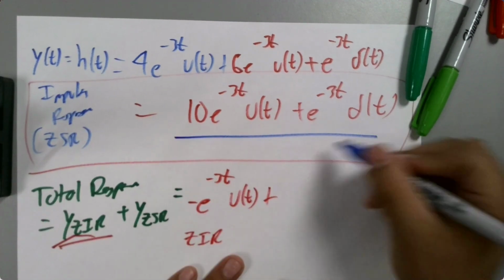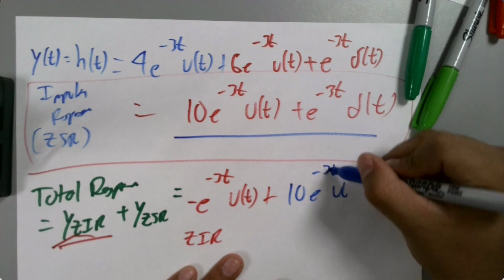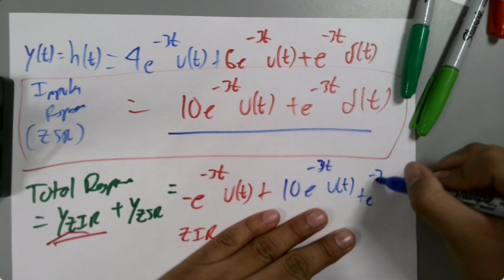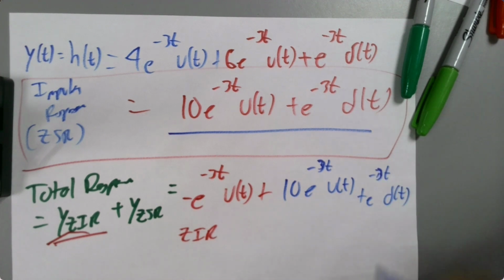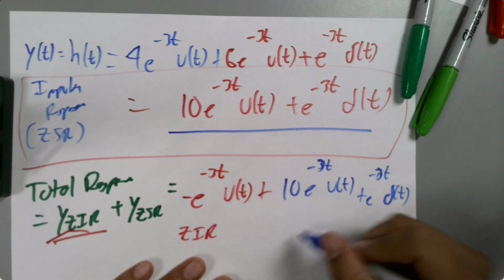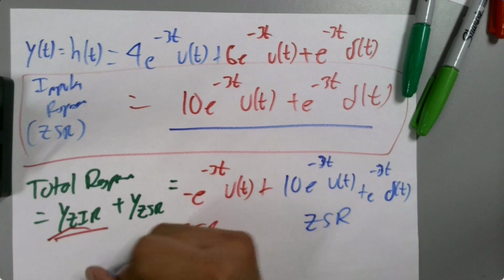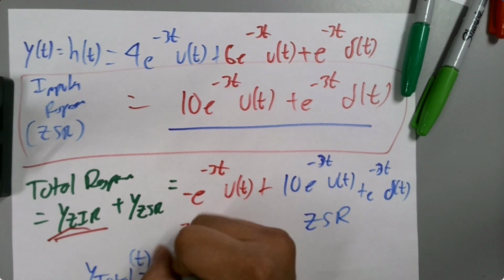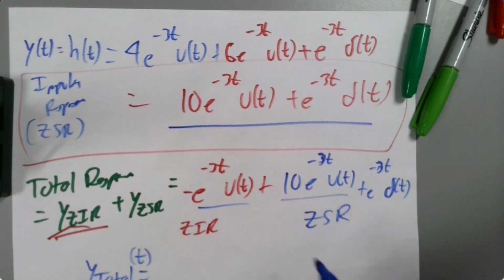And here it is, 3t plus e to the minus 3t delta of t, or Dirac delta, whatever. That's the ZSR. Don't forget the t. And then you see that this right here and this right here are in common.